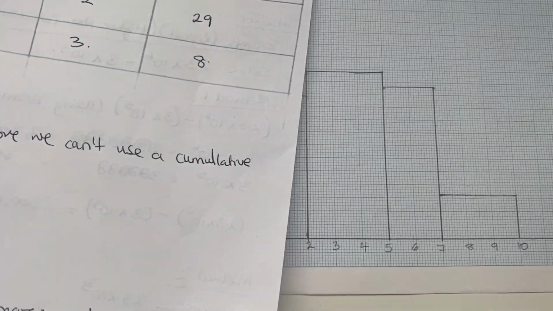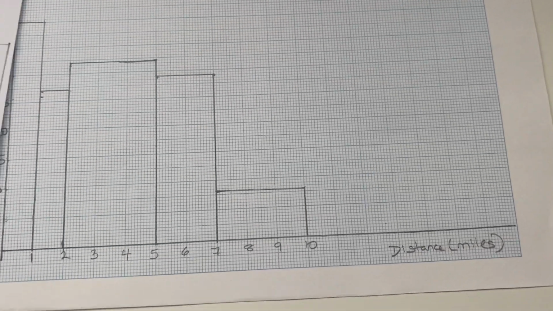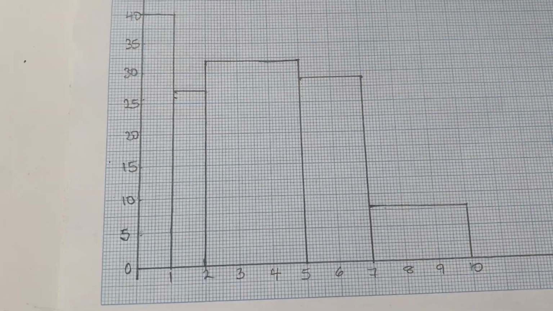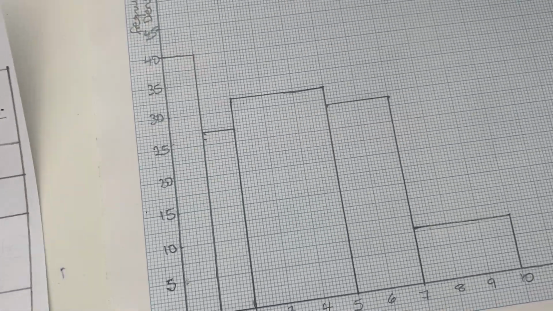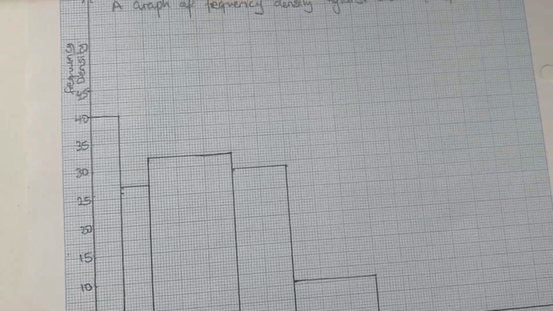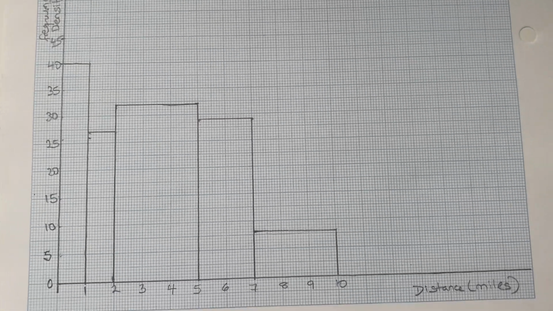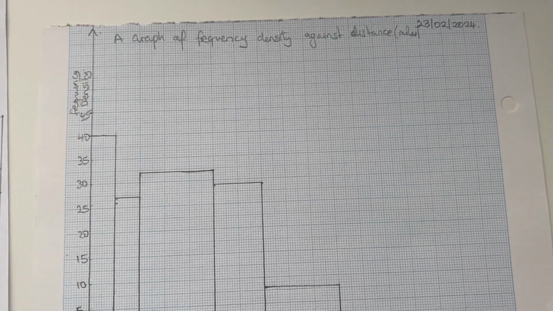I'm quickly going to show you how I did it, because yesterday I showed you, so it won't be long. So this is the graph I managed to do for you today.